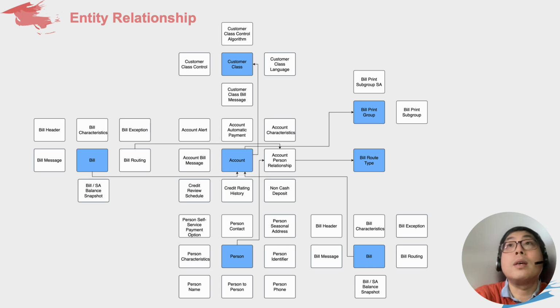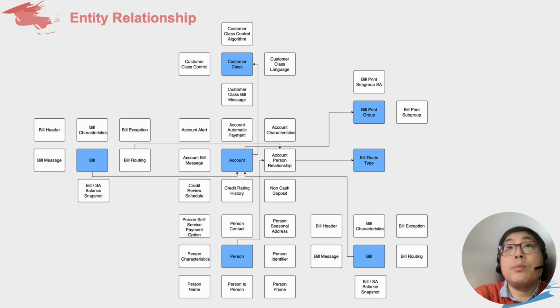I haven't put SA on this, but customer class has algorithms that can be configured for different plugin spots, like we mentioned earlier: pre-completion algorithm, completion algorithm, post-completion algorithm, etc. It also has other configuration like due dates, which is quite important because it is like a type object of account, although it's not exactly a type, but it controls a lot of account behavior.